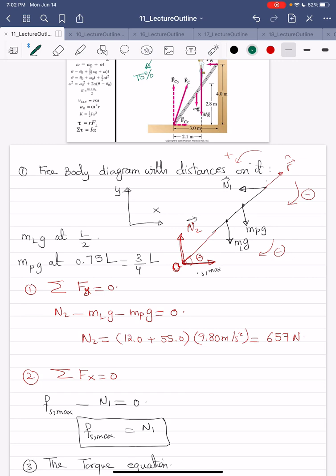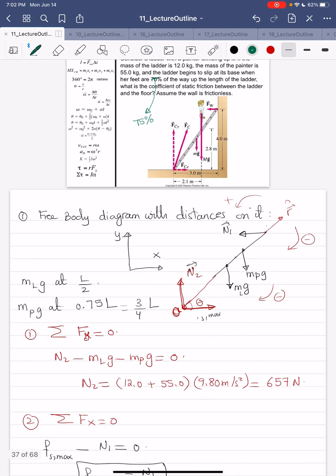All right, here is the free body diagram with distances on it and my axis. I have a normal force, N1, from the wall, going to the west or to the left. This is the weight of the painter, and this is the weight of the ladder.